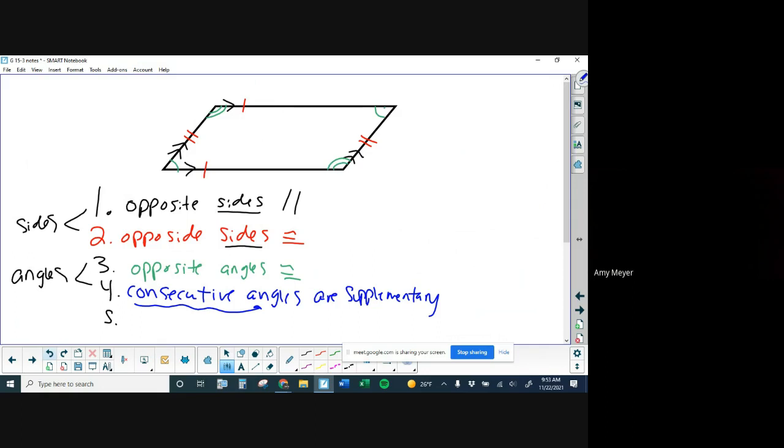Let me give you a couple options on how to draw this. You could start at any angle you want. Let's say I pick this angle. This angle and the next one I come to. So if I take a walk and I walk around, this is the next one I come to, they're going to add to 180. Or maybe I want to walk this way on my walk. Those are next to, consecutive. They're going to add to 180. I could start anywhere.